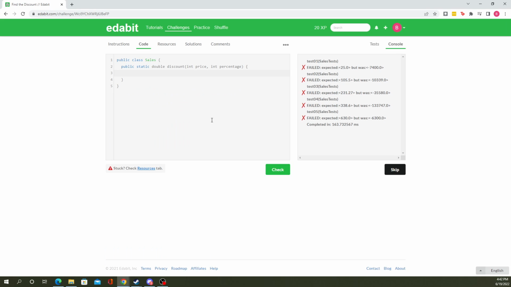For this tutorial, we're going to be using Java. What I would start with is we need to decide on a method to calculate the discount, or to calculate the final price, right? There are a couple ways I can think of to do it, and I'm going to pick one of them. Let's say we have a $100 item and a 25% discount. Everyone intuitively knows that that's going to be a $25 discount, or a $75 final price.